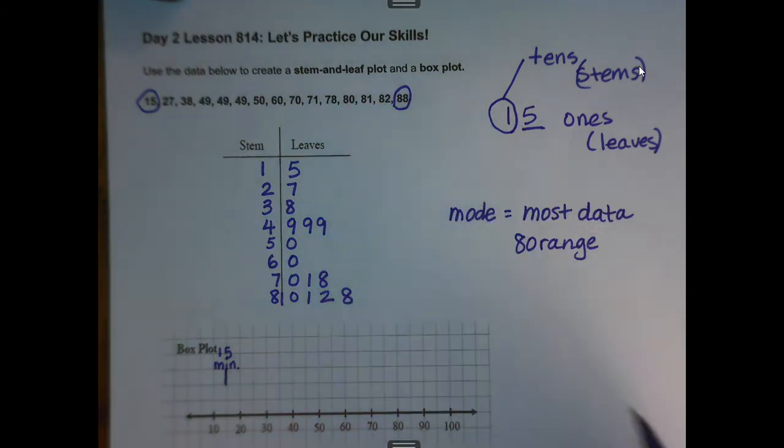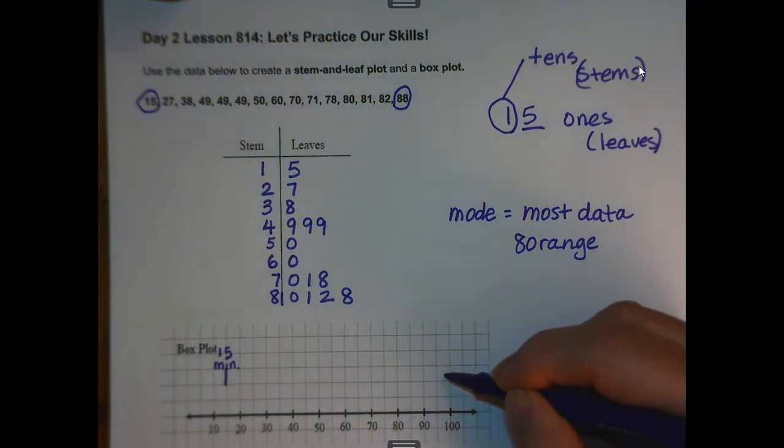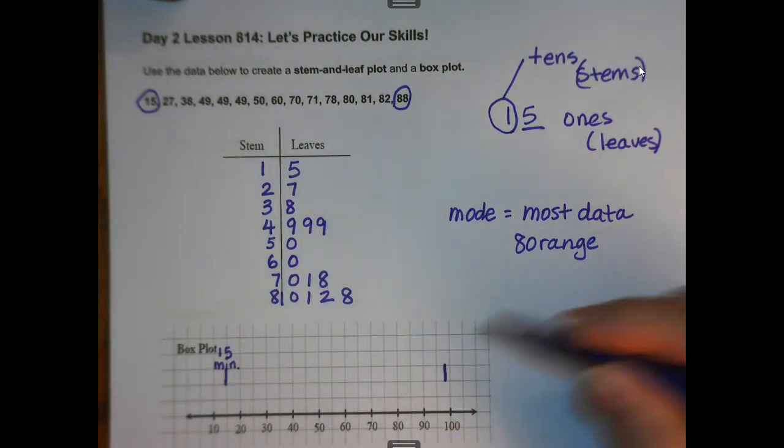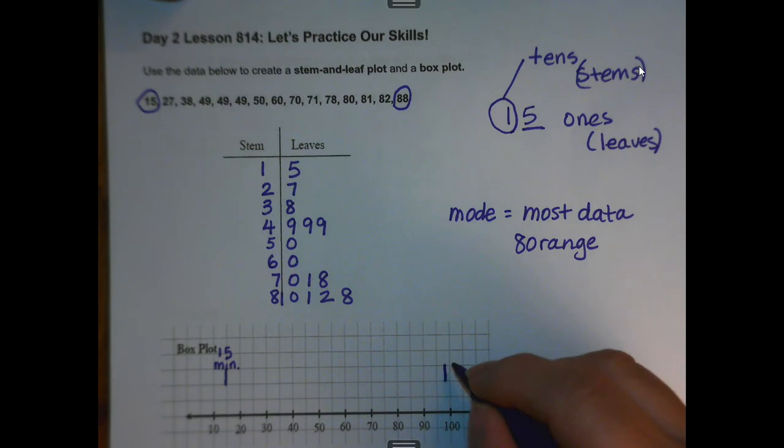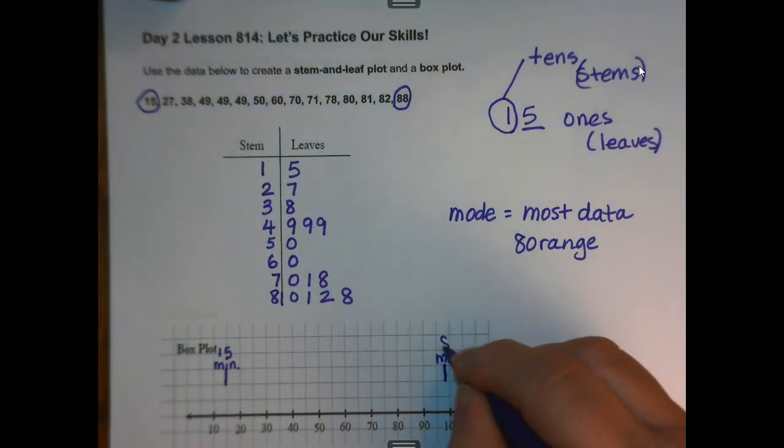My maximum is 88. So I'm going to go over here, and I am going to estimate where 88 would be. You notice I've got a line that is vertical, kind of floating up above the number line. And I'm going to label that max, and I'm labeling that 88 as well.